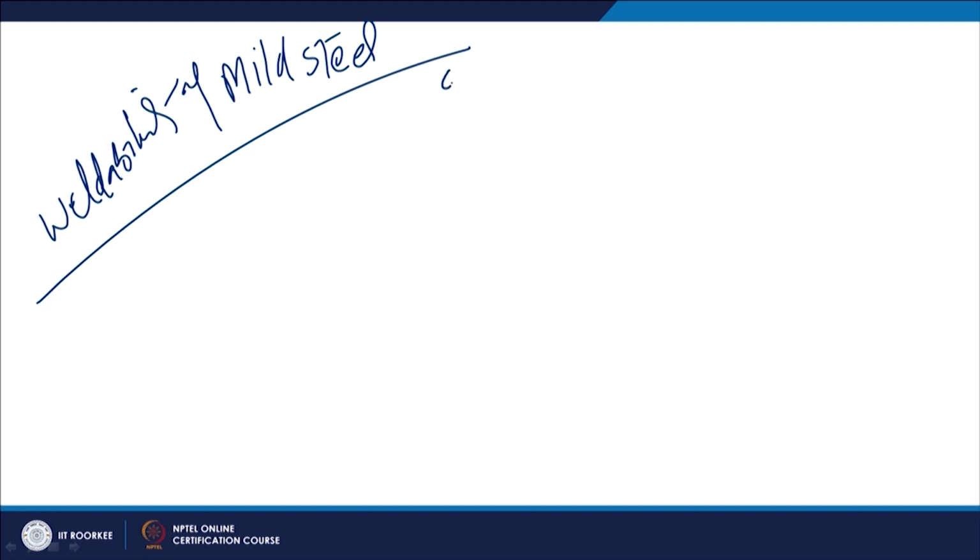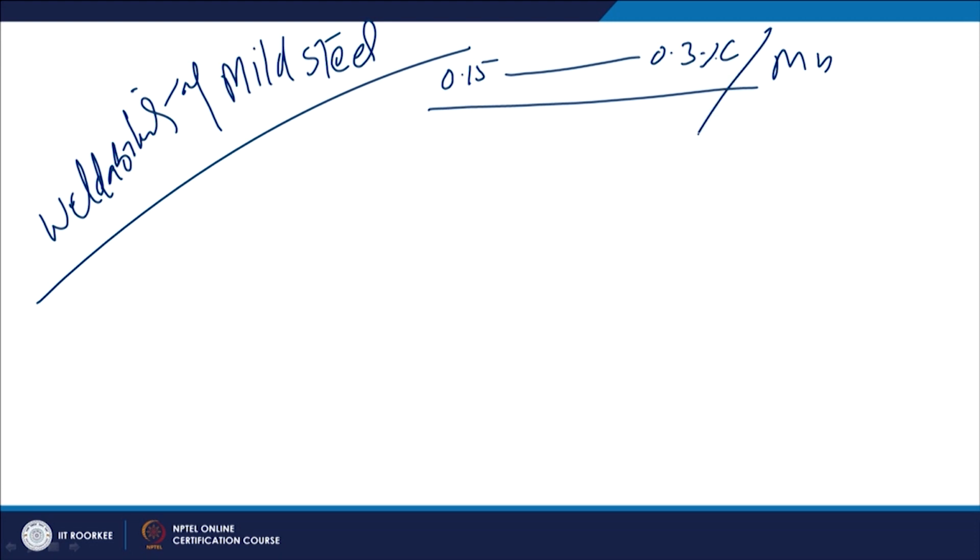Now, we will talk about the weldability of mild steel. So, as I have said, the mild steel has much higher carbon content in the range of say 0.15 to 0.3%, and the manganese content can also be higher, like 1.4%.